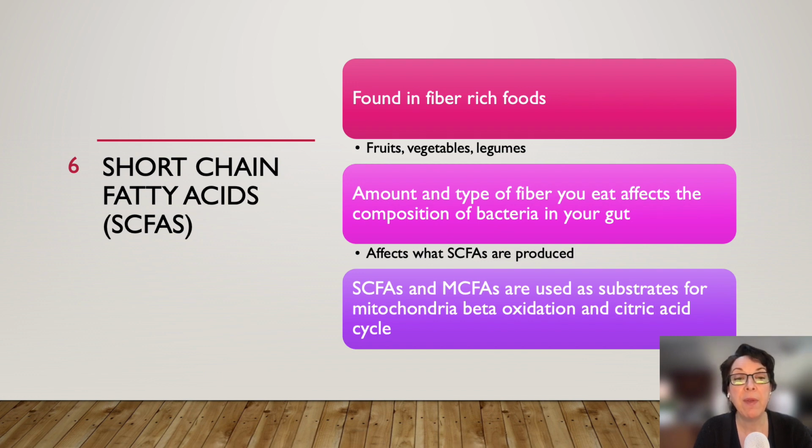So, if these short chain fatty acids or medium chain fatty acids are in short supply, you cannot have these vital cellular functions occur, and the cells do not perform properly.